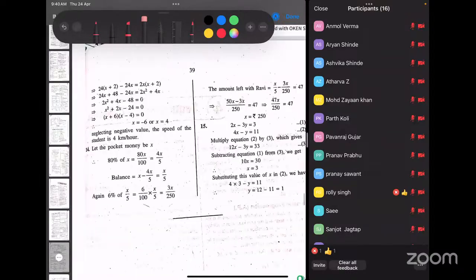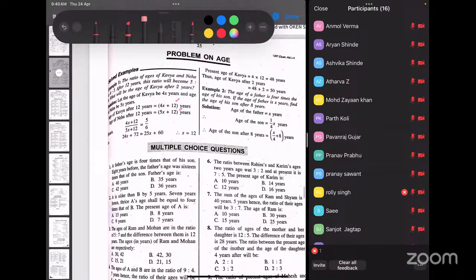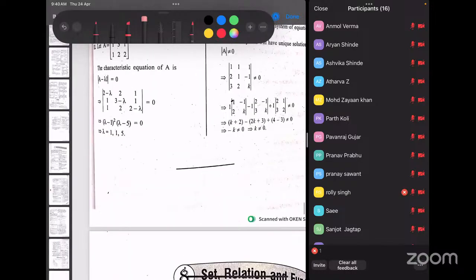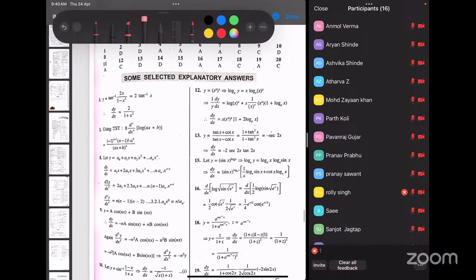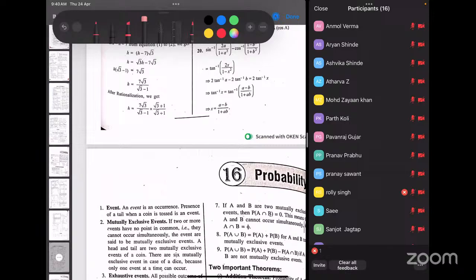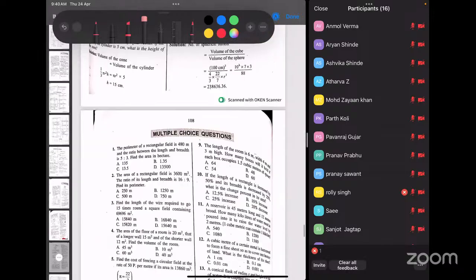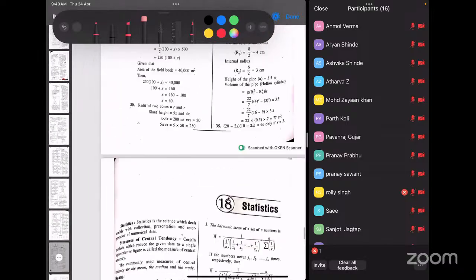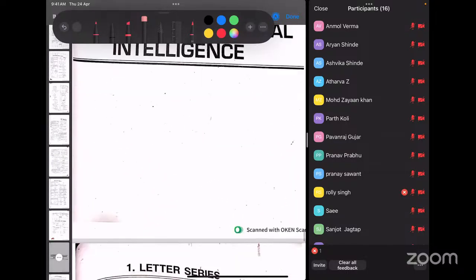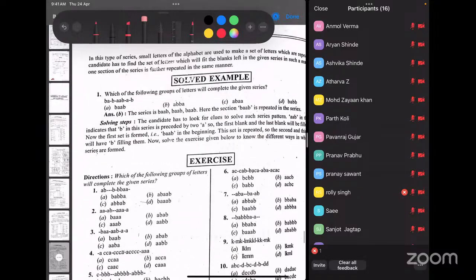In general aptitude, we were doing series questions, right? Letter series is done, wrong letter series, repeat series.